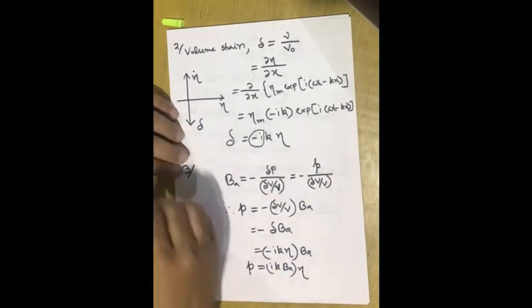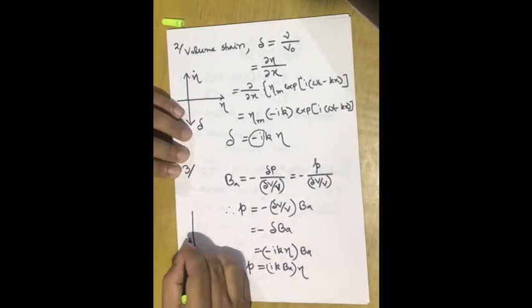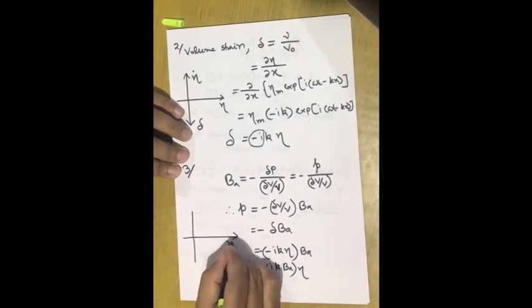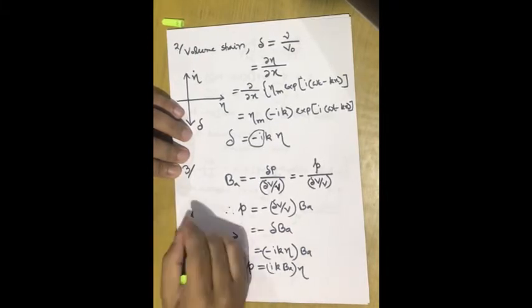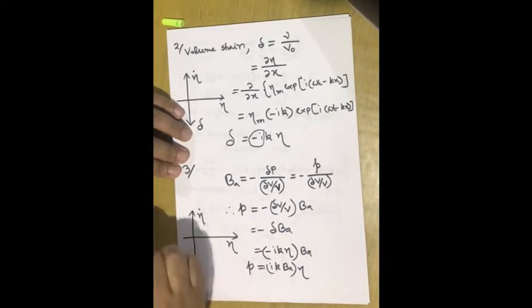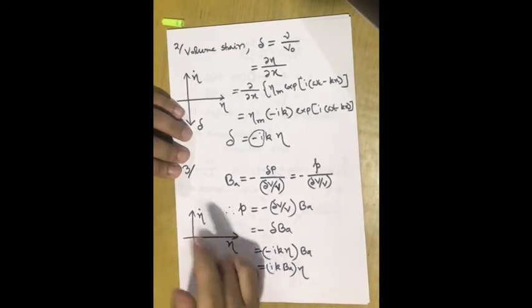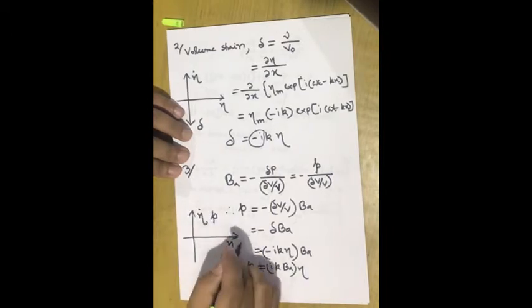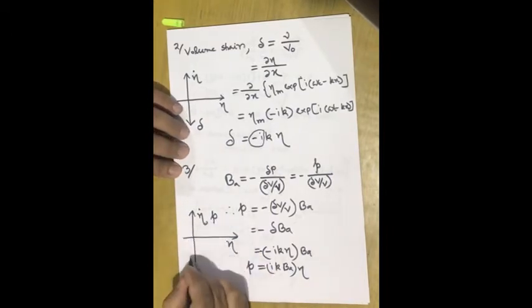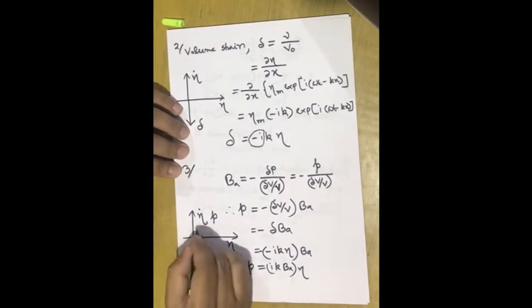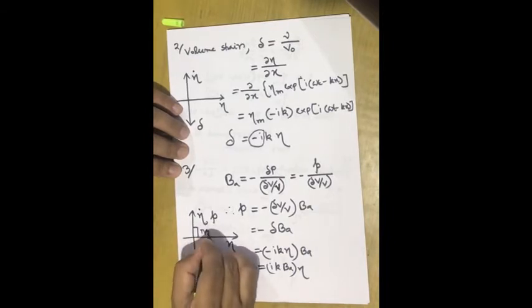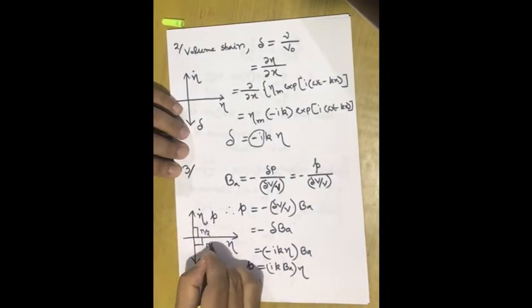Okay, so if I again plot the phase difference, with the displacement along the x-axis, we know that eta dot leads the displacement by a phase difference of pi by 2, and also the excess pressure is now leading the displacement, and the volume strain is lagging behind the displacement. This angle is pi by 2 and also this angle is pi by 2.